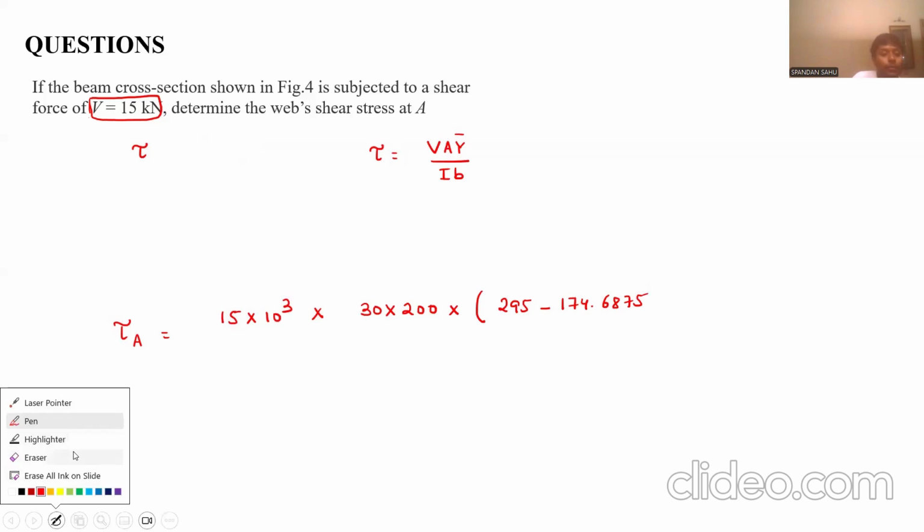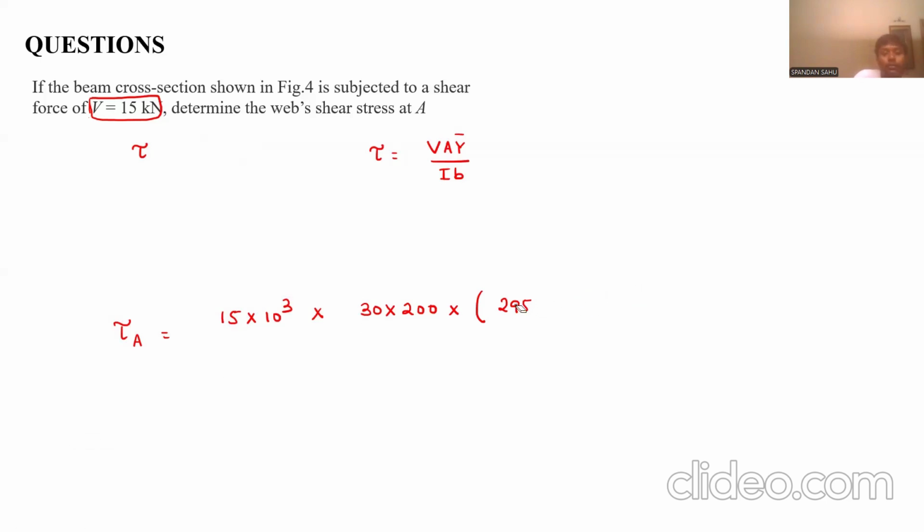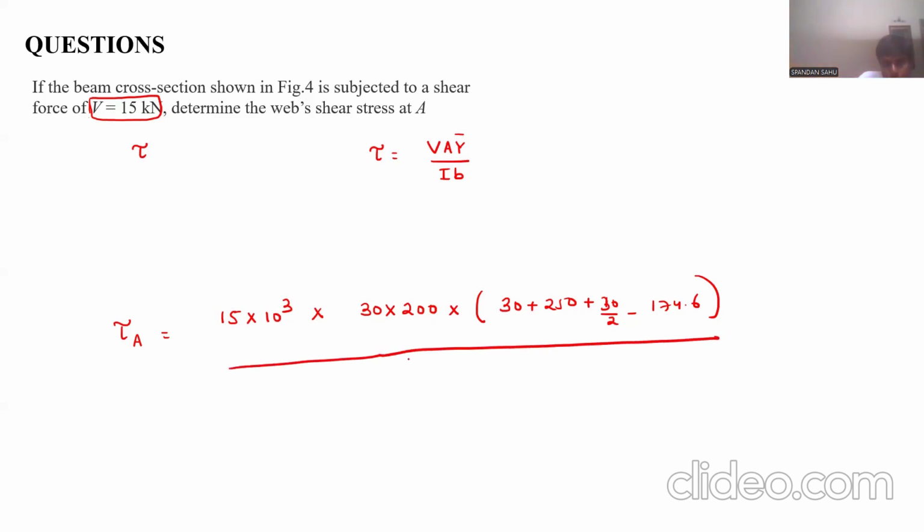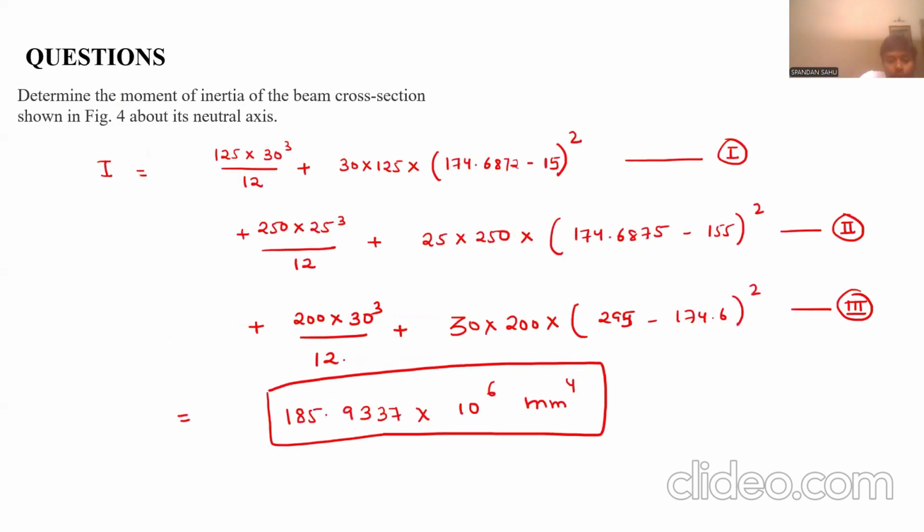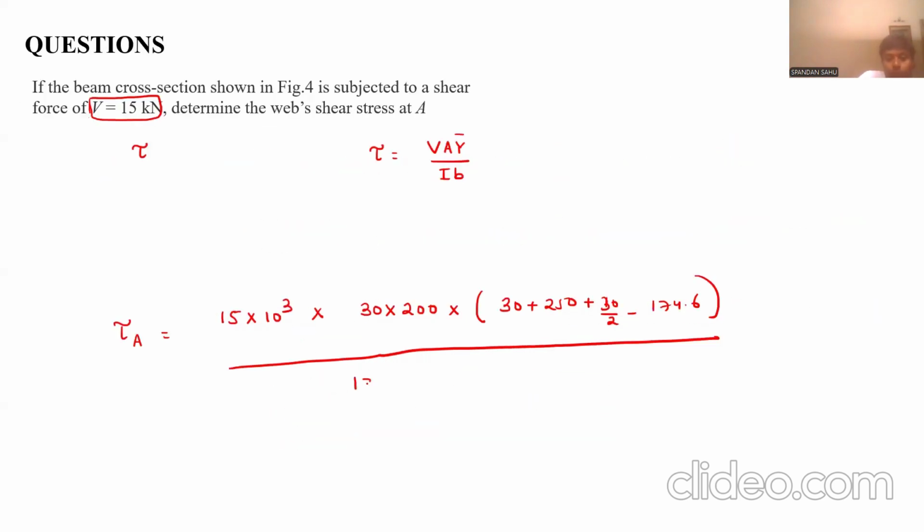Okay. So to be more precise, it will be 30 plus 250 plus 15 minus 174.6, divided by I. I is 185.9337.